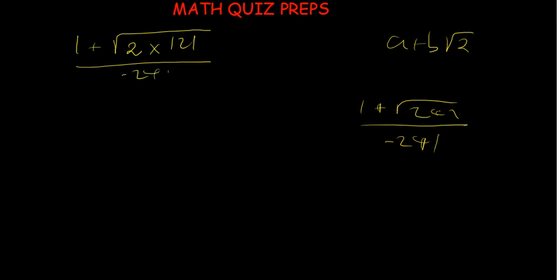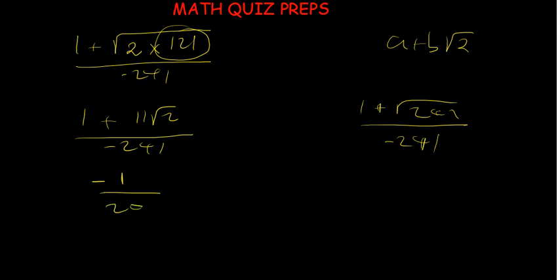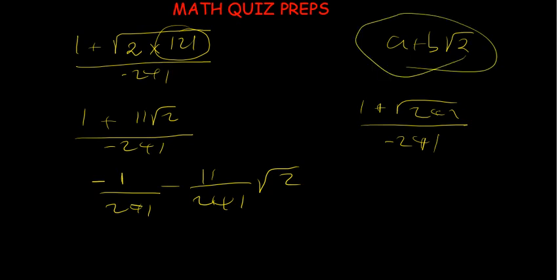And then what is the root of 121? 11. So that is 11 root 2 divided by negative 241. And then split them. That will be negative 1 over 241 minus 11 over 241 root 2. So that is the form that we wanted. Is that okay?